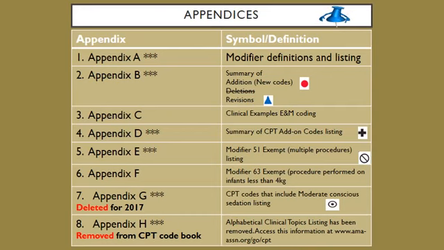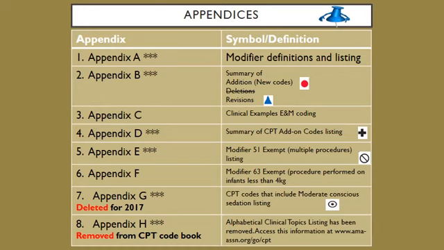Appendix E, these are modifier 51 exempt codes. That means you can't put a modifier 51, which is a multiple surgery modifier, on the code. The code cannot have a 51 modifier on it, and you'll see the circle with the slash or the do not indicator or symbol.